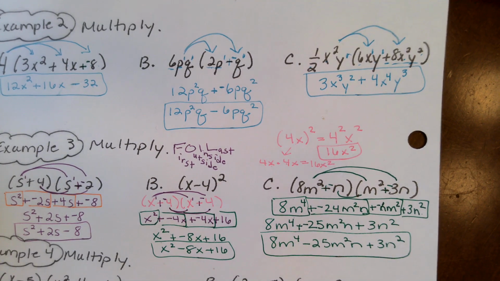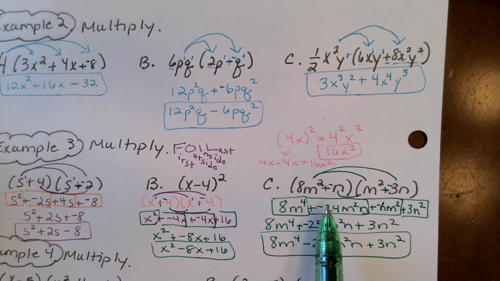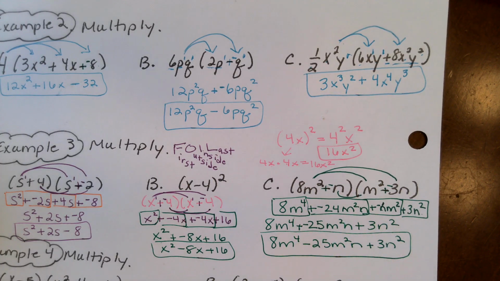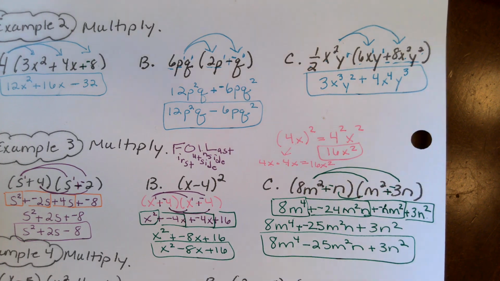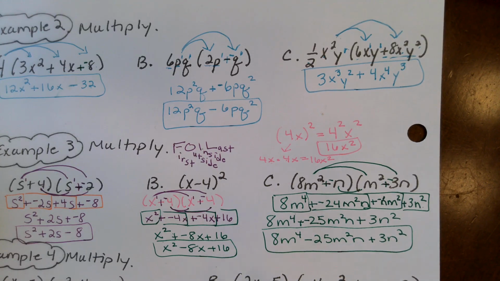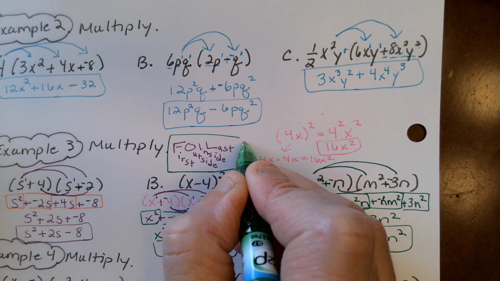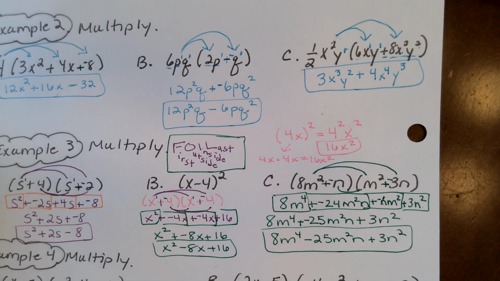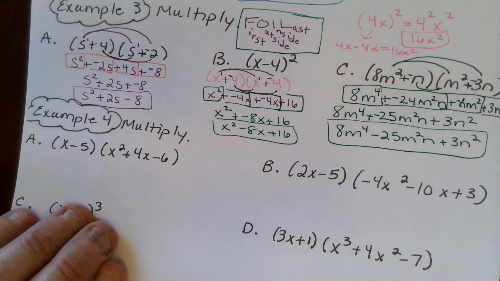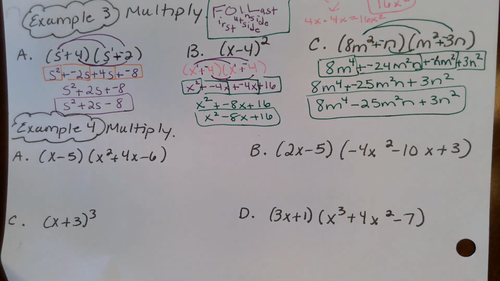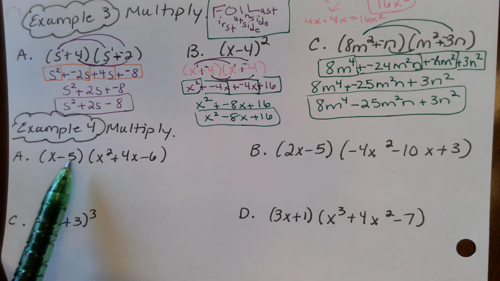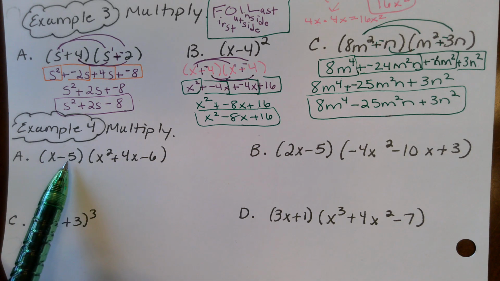So we're combining 2 different skills in here. We're doing the multiplication and the combining of like terms all at the same time. So that's FOIL. So that should be highlighted and kept forevermore. Okay? Now we drop to where it's a little bit more complicated because we have how many monomials here? 2.